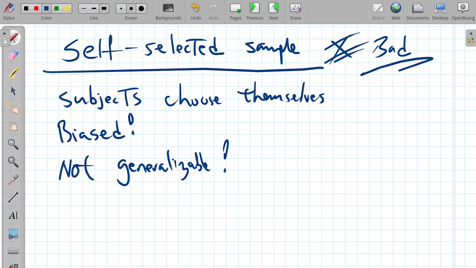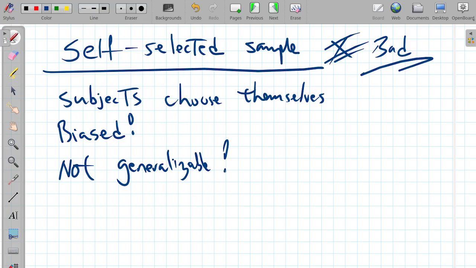Okay, so not generalizable. How can you do generalizations? Well, it comes back to the representation of the population in your sample. If you can get well chosen data that accurately reflects the population, then it makes sense to think about generalizing that to the larger population.